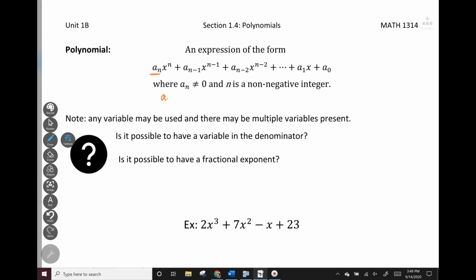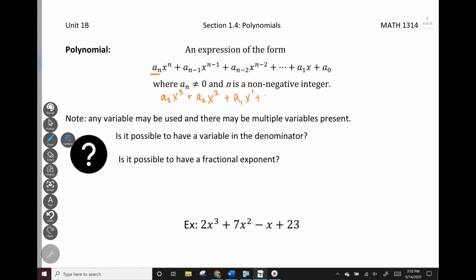So that would be a sub 3 x cubed, plus a sub n minus 1, which would be a sub 2, since 3 minus 1 is 2, x squared, plus, plugging in 3 here, a sub 1, since 3 minus 2 is 1, x to the 1, plus dot dot dot, and then it goes all the way until you get a 0.